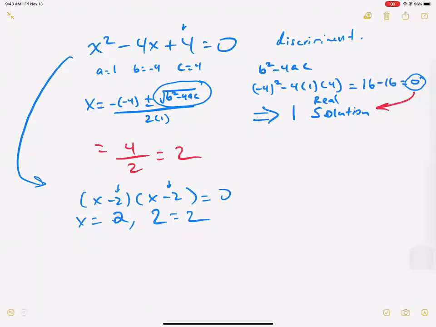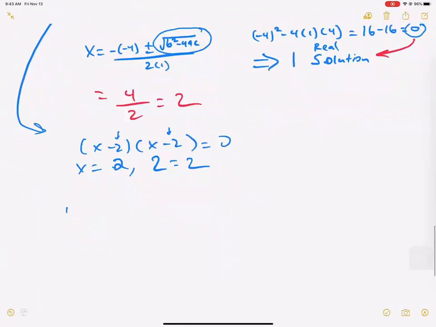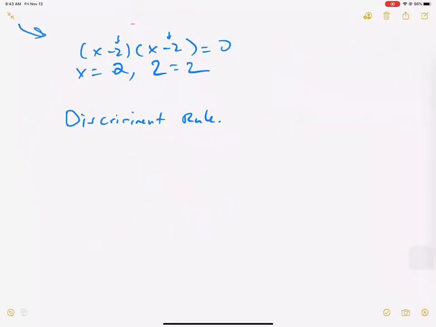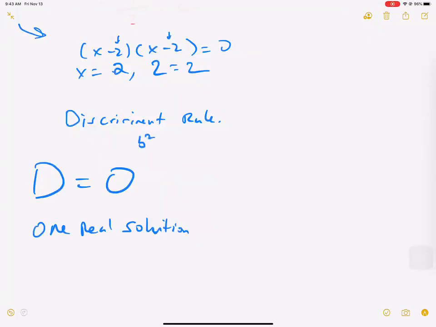A couple of rules. Let's go through the discriminant rules. If the discriminant, let's just call this a big D, is equal to 0, we have one real solution. So if b squared minus 4ac, which is our D here, is 0, we have one real solution.